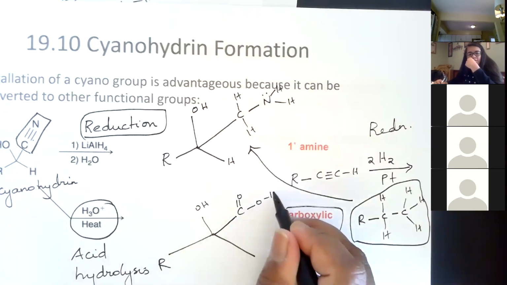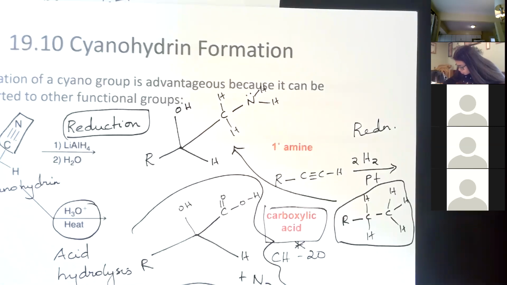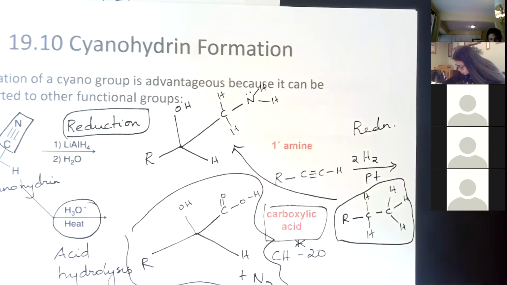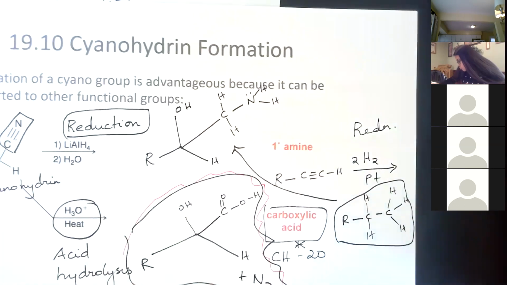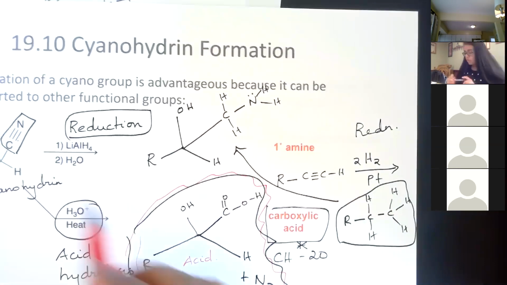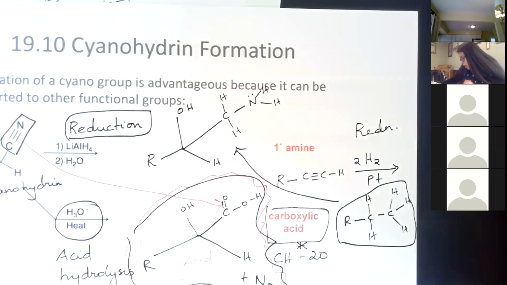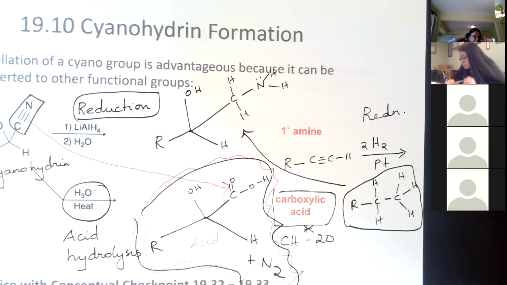The nitrogen goes away. Carboxylic acid. We usually see that very often when we do synthesis, CN hydrolyzing to form the carboxylic acid. It doesn't touch anything else. You see the OH is not messed up for both the reduction and the hydrolysis.